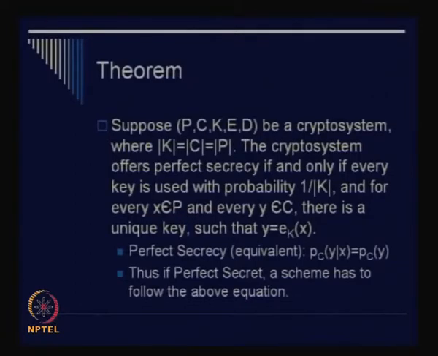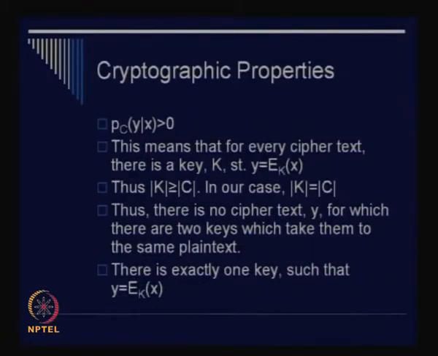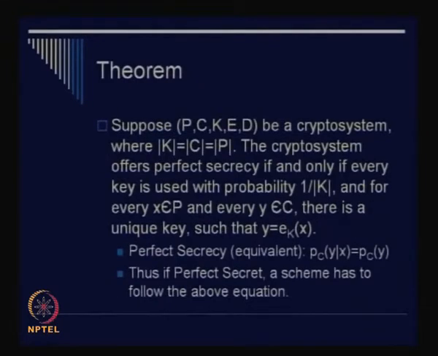So we observe one fact. So we see that since P(y given x) is equal to P(y), okay, that is, if you see this equation, it means that if you fix a value of x, for example, as a plain text, then your P(y given x) is equal to P(y), right, and your P(y) is greater than 0, because if the probability of occurrence of y would have been 0, then we wouldn't have kept y in the ciphertext set, right. So that means for some plain text, at least we have that corresponding ciphertext, right.